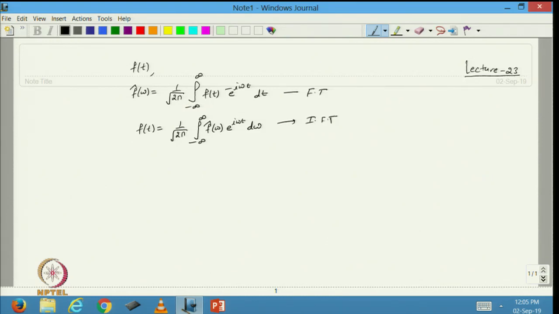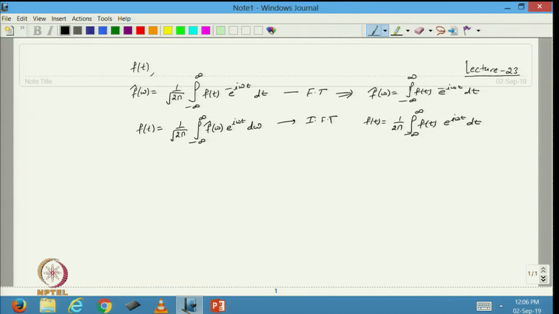But if you see in some books, they have taken the Fourier transform in this form also. So they have taken the Fourier transform like this, with a factor 1 over under root 2 pi, and then they take the inverse Fourier transform as 1 over under root 2 pi from minus infinity to infinity, f(t) e raised to i omega t dt.